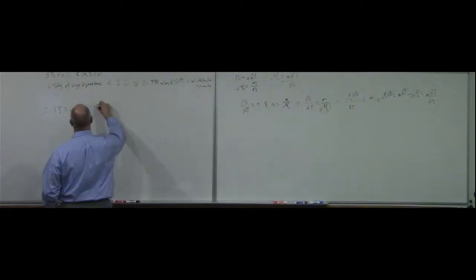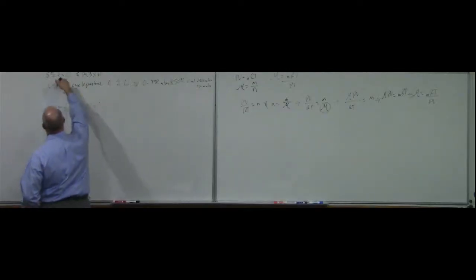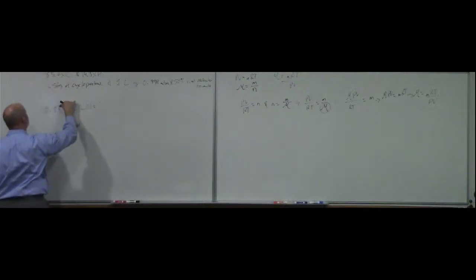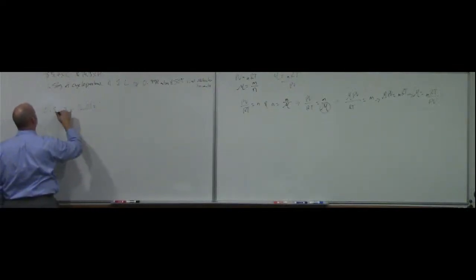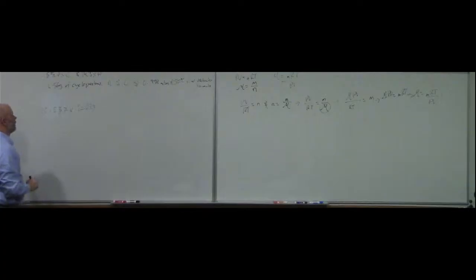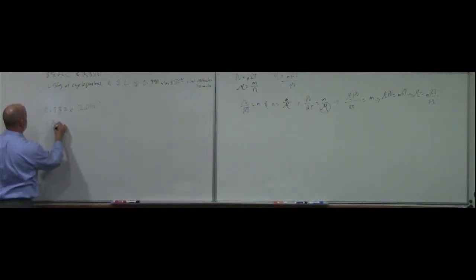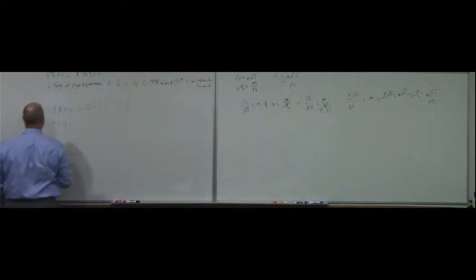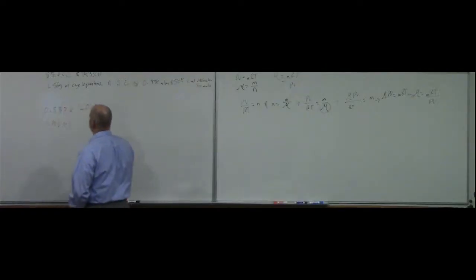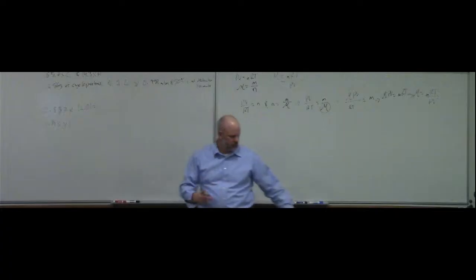So it's 0.837. Yeah, there you go. Okay. And hydrogen is 0.143 times 1, right? Okay, so what is 12 times 0.837? Let's solve for that first.